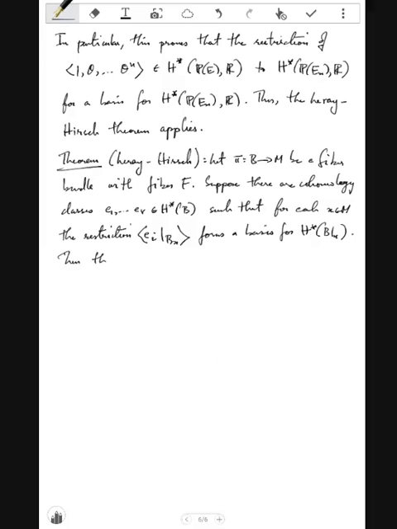Then the canonical map is an isomorphism.